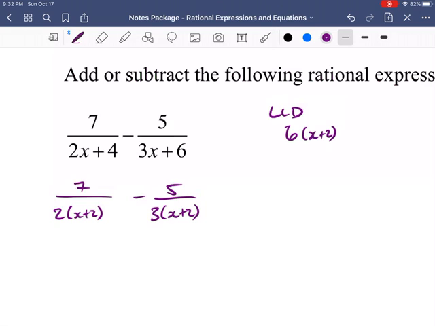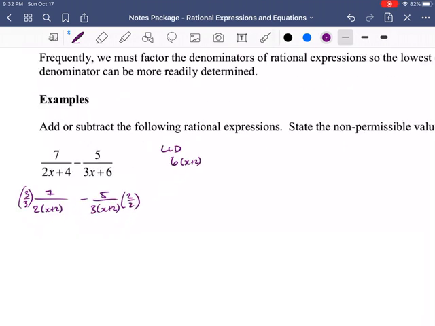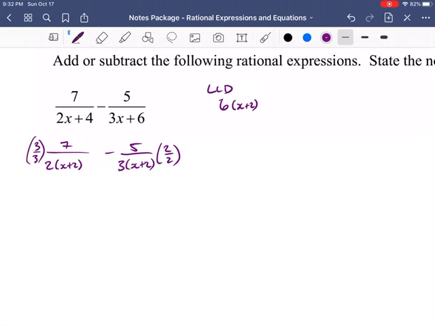So the left side, you're going to multiply this by 3, and the right side, you're going to multiply it by 2. You're going to double it. So on the left side, you would end up with 21 over 6 and (x plus 2).